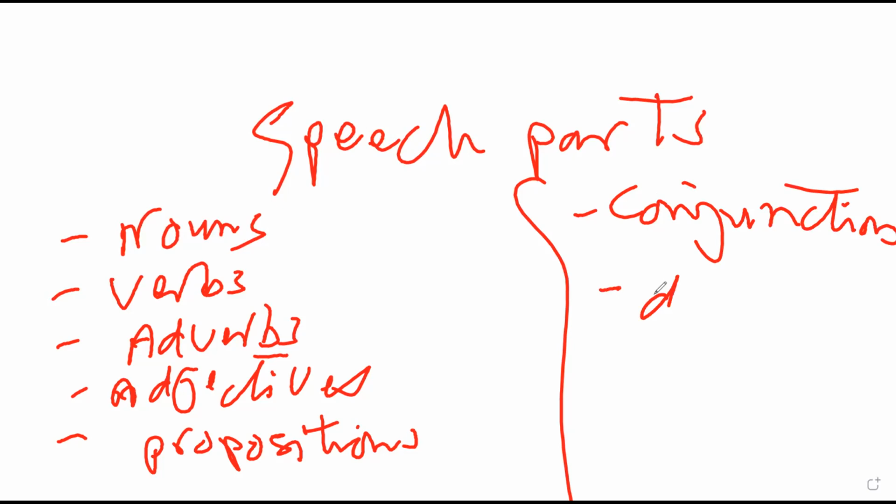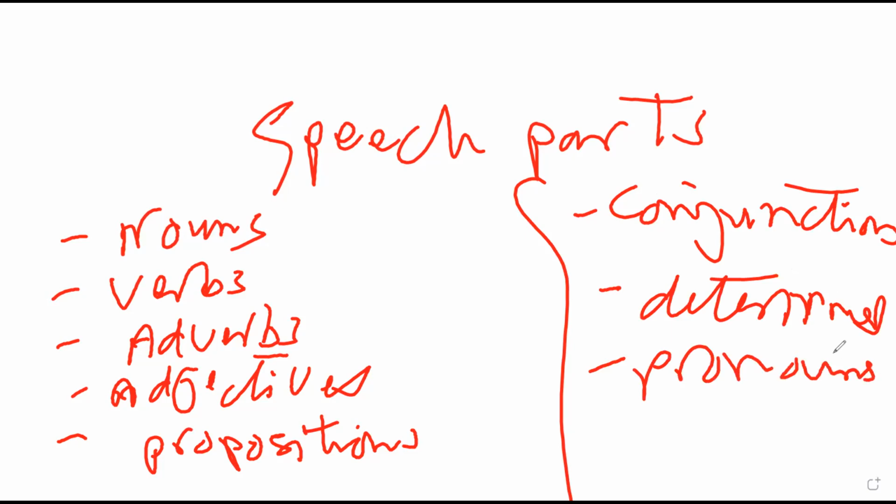You have determiners, pronouns. Okay? So any language consists of these parts: nouns, verbs, adverbs, adjectives, prepositions, conjunctions, determiners, pronouns.